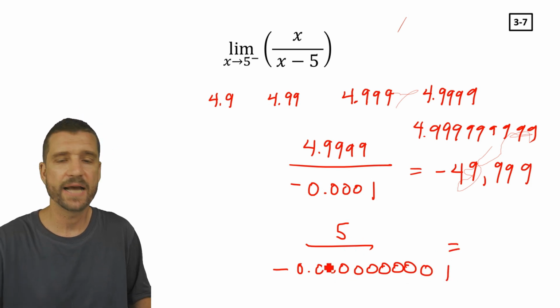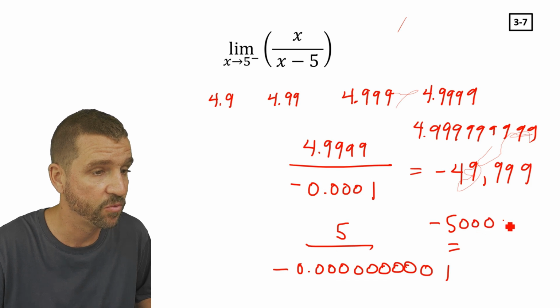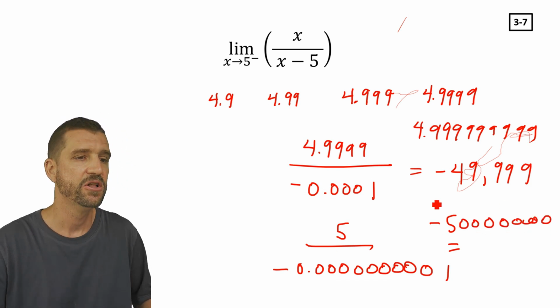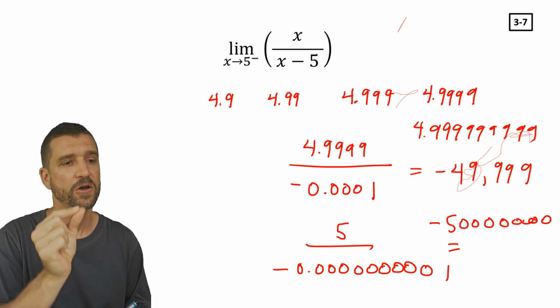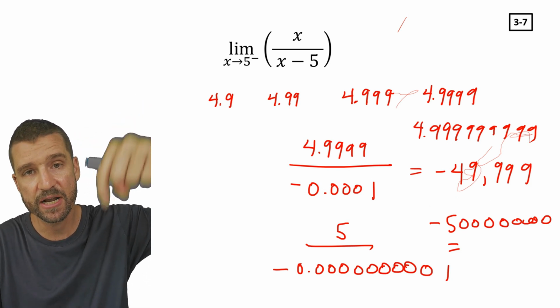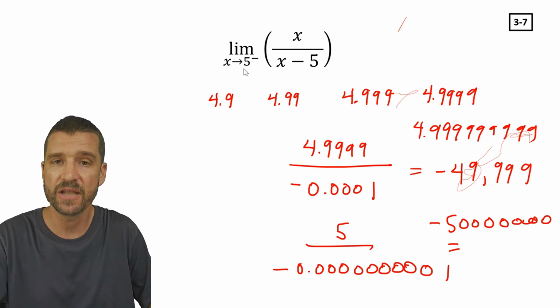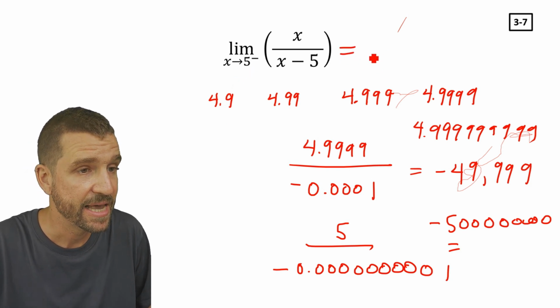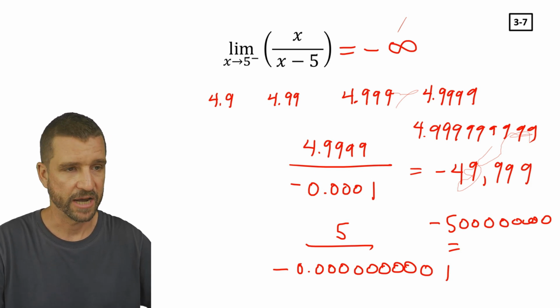When I divide 5 by this number, I'm going to get a negative 5 and then a really, really big number. So I think you can see here, as I get closer and closer to 5, this is shooting off to negative infinity. So the limit as x approaches 5 from the left is going to be negative infinity.